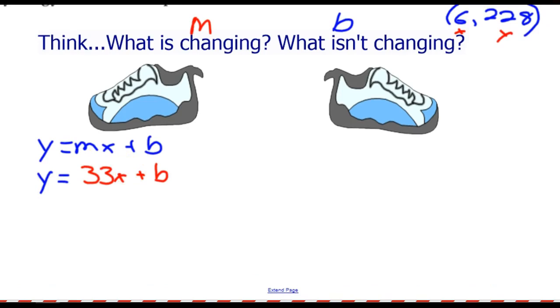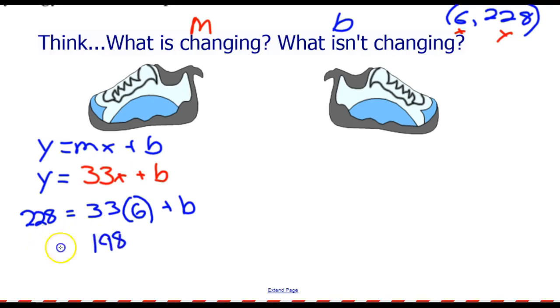So our y then changes to 228 equals 33 times 6 plus b. Now 33 times 6, if we do that problem, we get 198. So 228 equals 198 plus b.